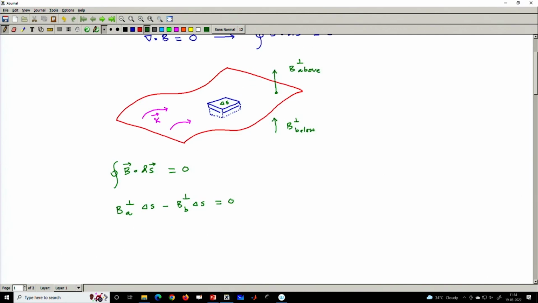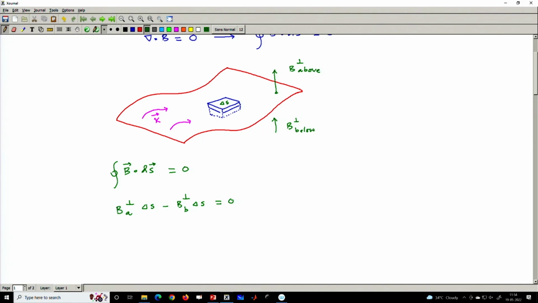When I take the B perpendicular component, I am just taking this one along over this, and the surface is in the same direction. So, that is why B A perpendicular dot dS, and the negative sign is because the surface and B are in opposite directions.